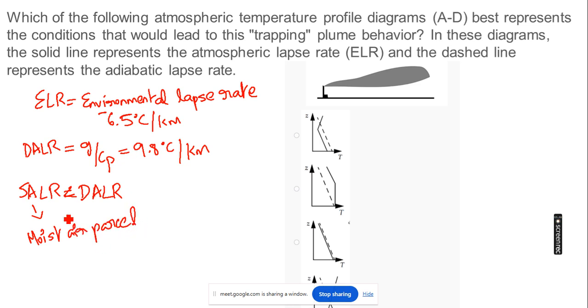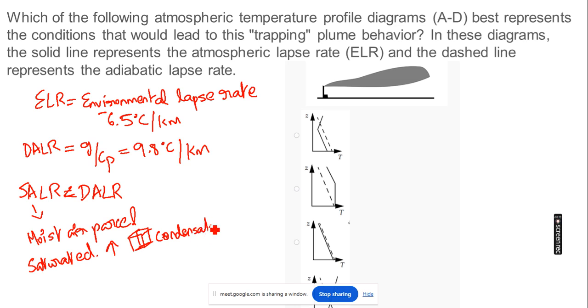Once the moist air parcel becomes saturated and keeps moving upwards, it will again cool down and condensation will begin in the parcel.